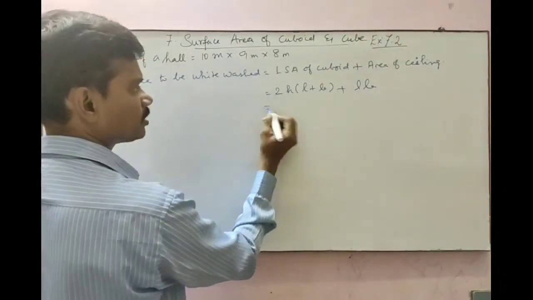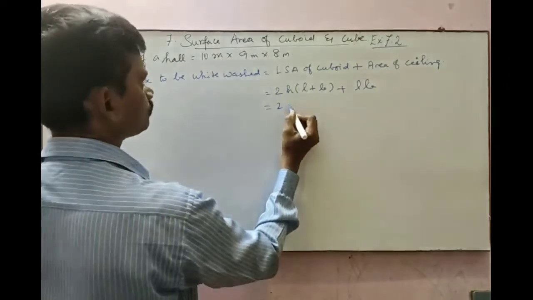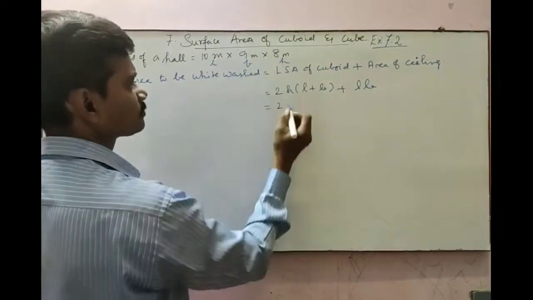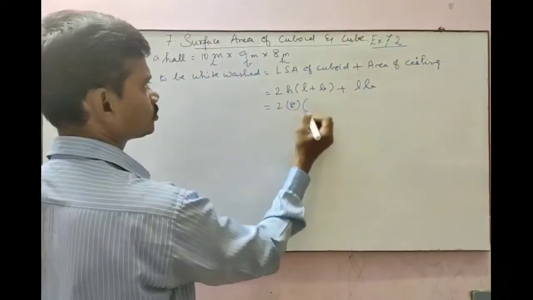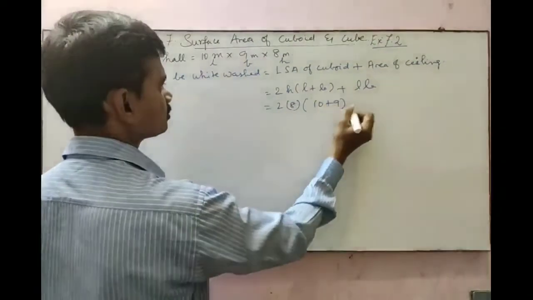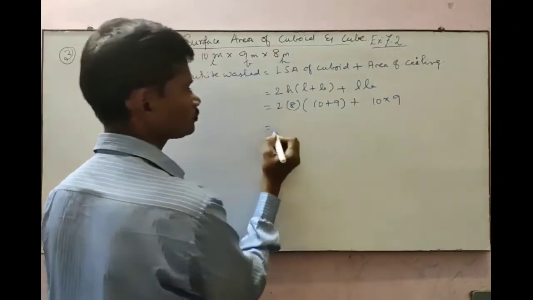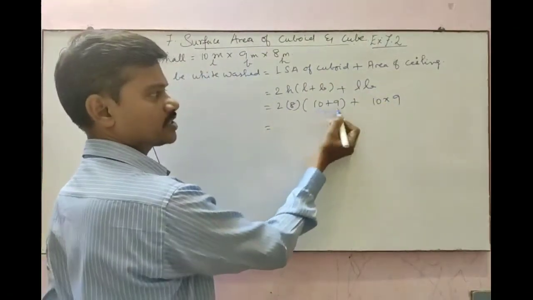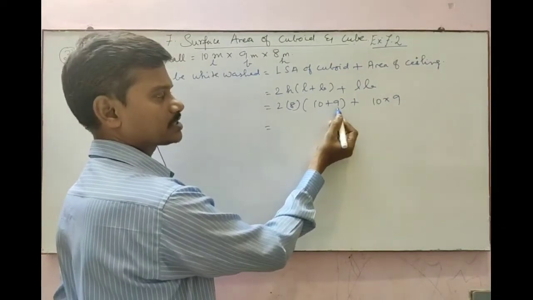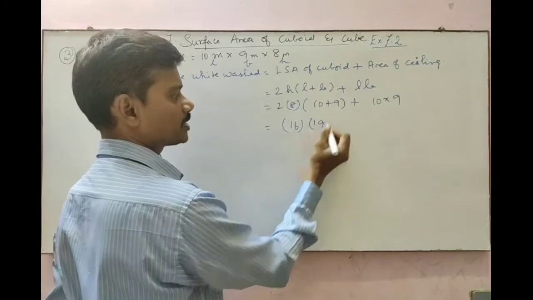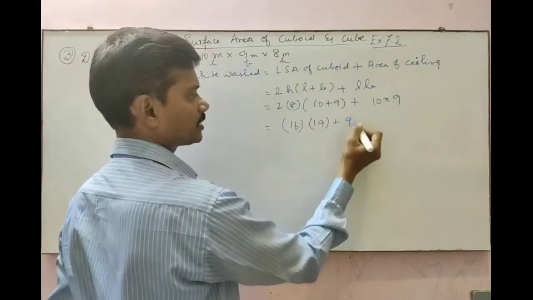Now substitute those values. 2 into, here what is L? This is L, this is B and this is H. 2 into 8 into (10 plus 9) plus L into B, that is 10 into 9. If you simplify this, first you have to add these two numbers. 10 plus 9 gives 19. 2 8s are 16. 16 into 19 plus 10 into 9, 90.